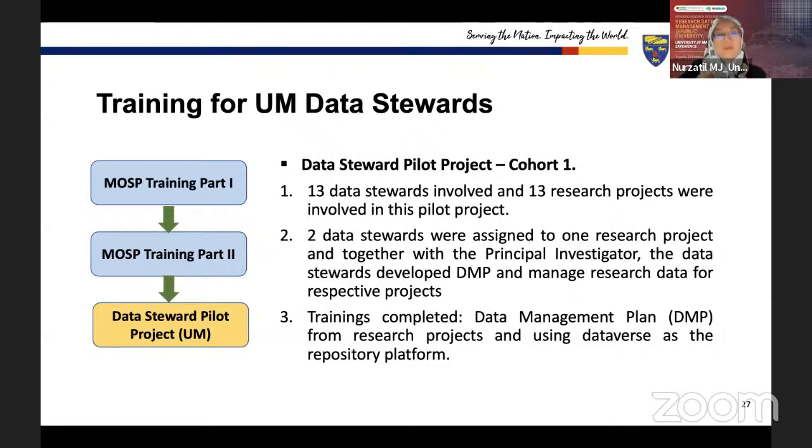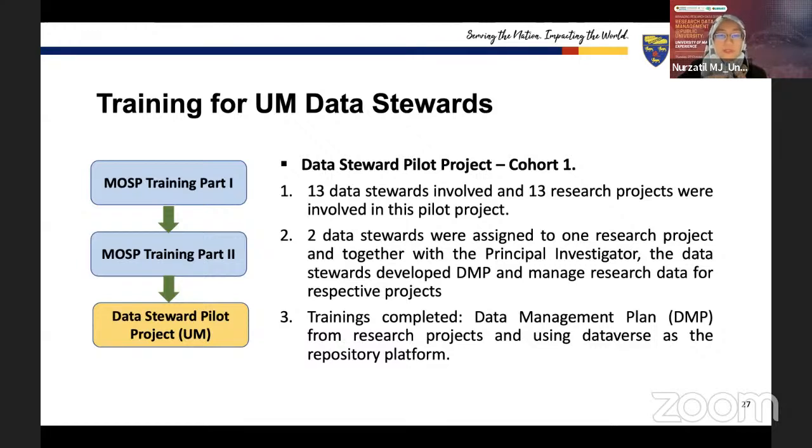During the communication, they learn what the research project is in general, because some librarians might have knowledge of the subject matter, but some might not. That's a bit tricky, so these data stewards need some background knowledge about the subject matter, so at least they know how to write a bit of the project description, for example.